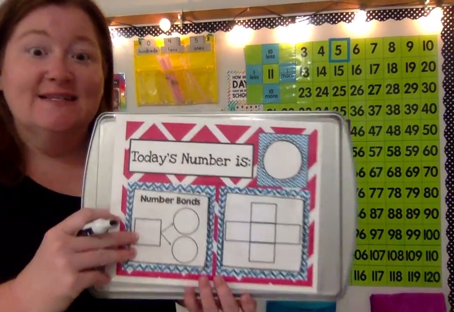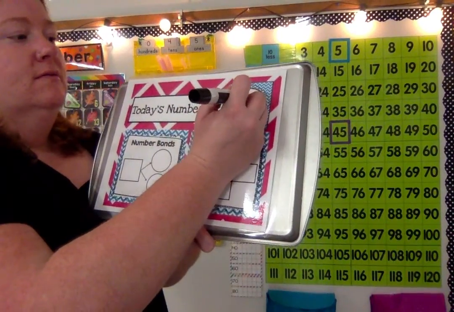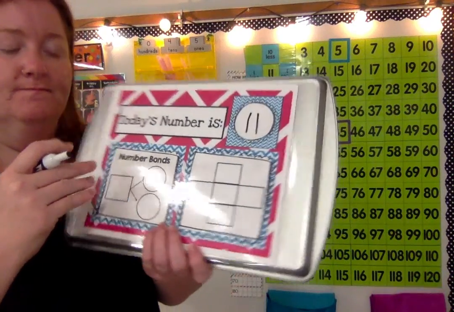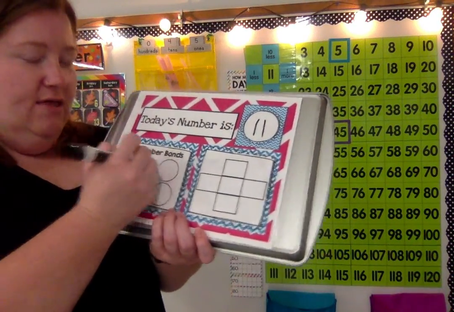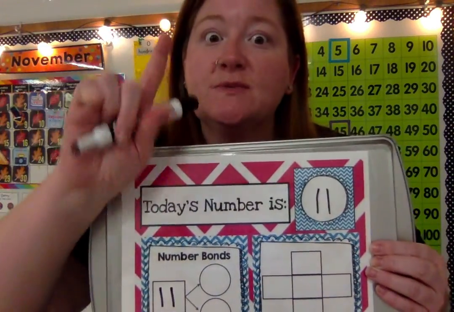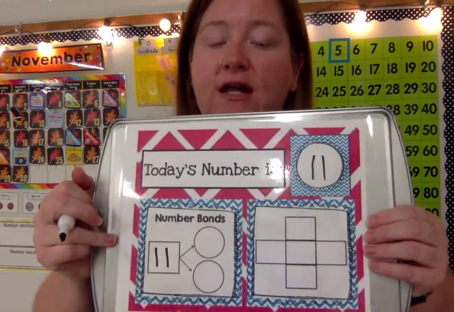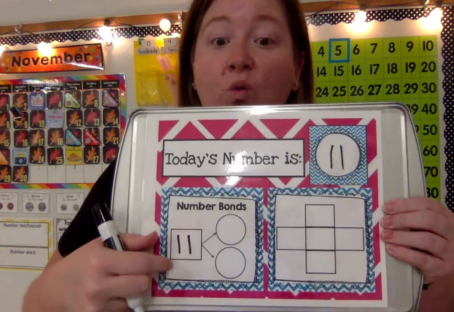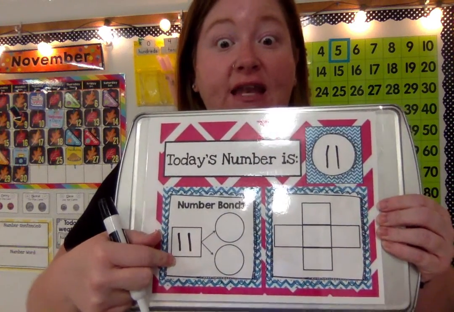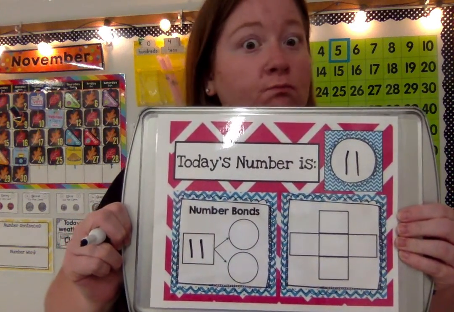Today's number, if I move us over, our number is 11. If we do our number today as 11, can you think of a way that we could do 11? Ooh, there is one specific one I really wonder if you thought of, because 11, we're getting into some parts that have 10 and some more.